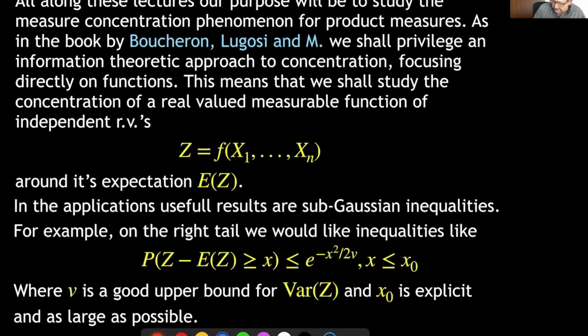And here, some bandwidth in which this inequality holds true, with an upper extremity for this bandwidth, which is x null here, and which is explicit. And sometimes it will be equal to plus infinity in very favorable cases. But in general, it will be something which is explicit and as large as possible. So this is the kind of result that we shall try to prove.